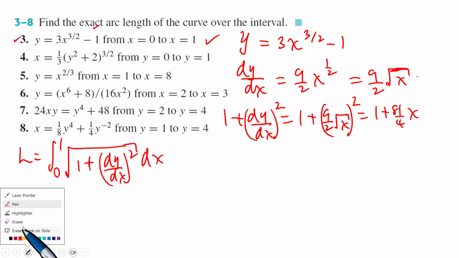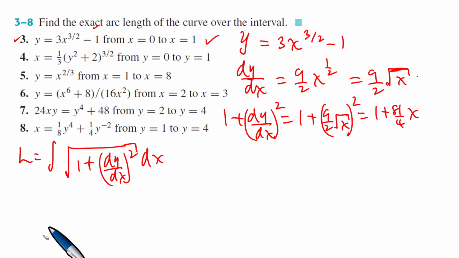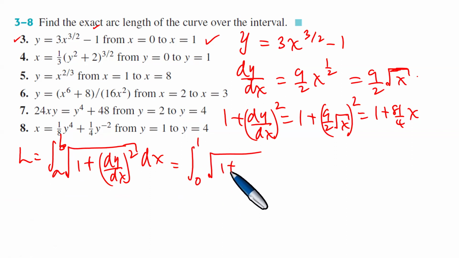We can still put it, just to make sure somebody is aware of the formula we're using, but it doesn't really matter. A to b, 0 to 1, the square root of 1 plus 81 out of 4x dx.